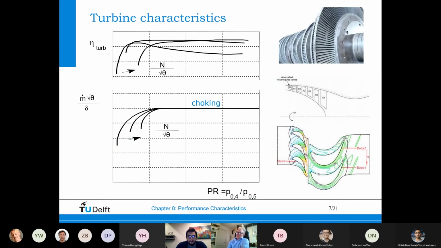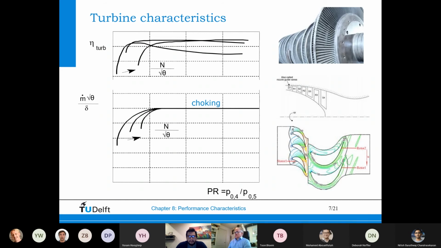So for good efficiency of a turbine, you could say that at low pressure ratio, you want to stay at low speed. If you go to higher pressure ratios, you go to high speed. You can actually make an interesting analysis of why that is, but that is beyond the scope of this lecture.